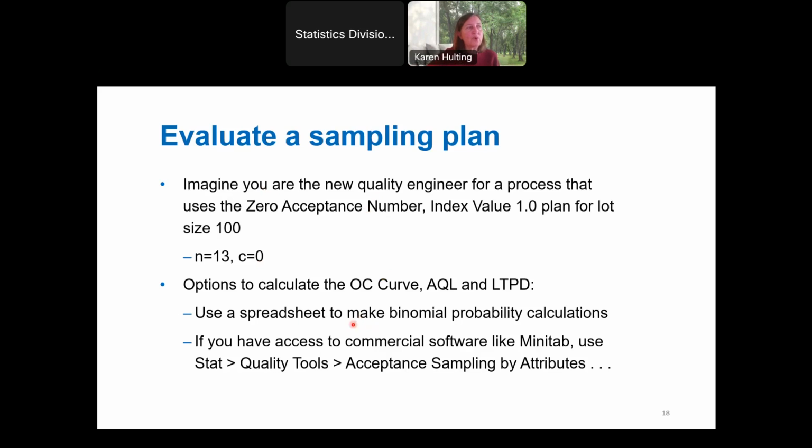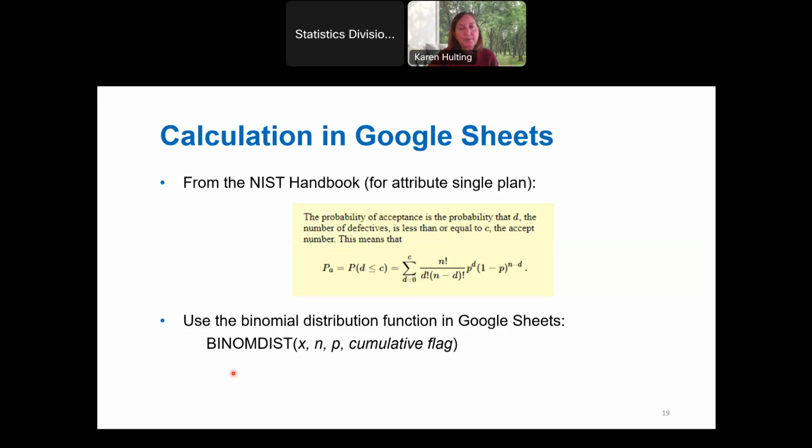And so we're going to use a spreadsheet first to make the binomial probability calculations. And then we're also going to show what it looks like to use software like Minitab. This tool is on the quality tools menu of the stat menu. So we'll get to see how both of those work. Now, the formula that we're going to use in our spreadsheet is shown here.